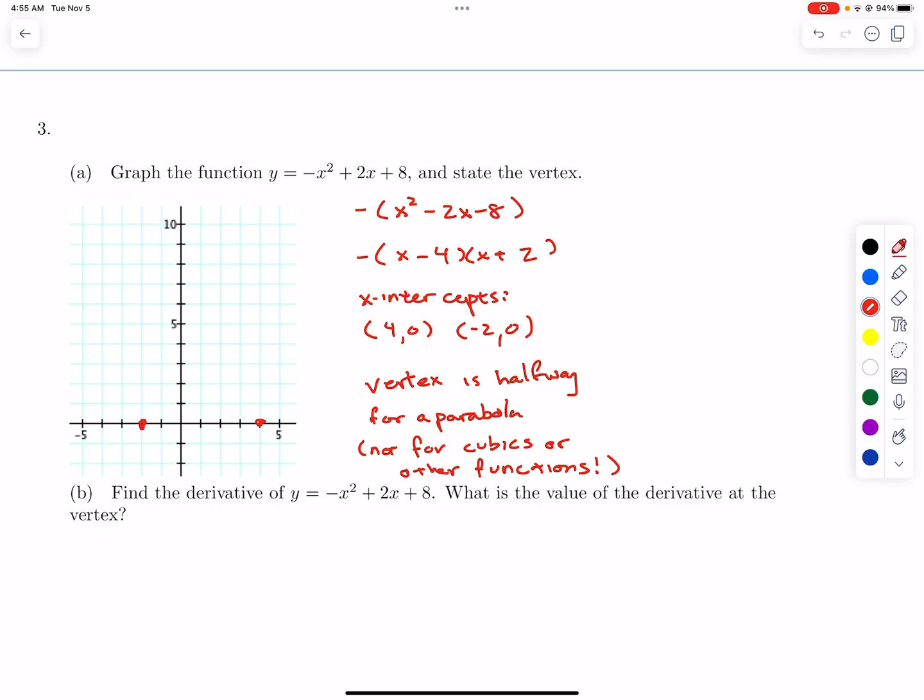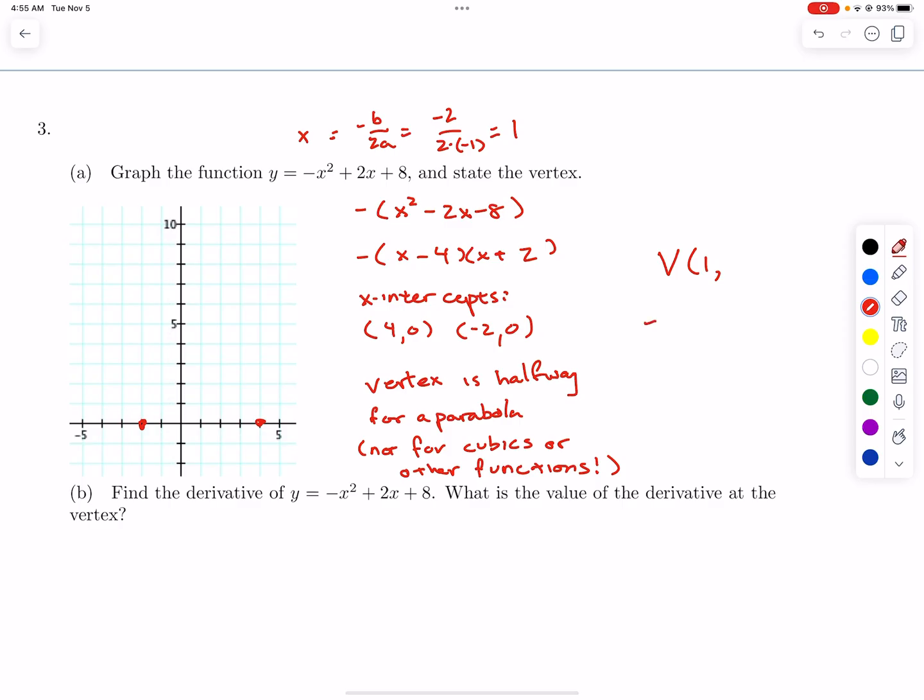It's just quadratics. So this is going to be at 1. The other way you can do it is minus b over 2a. And that's also 1. So it's 1 comma what?